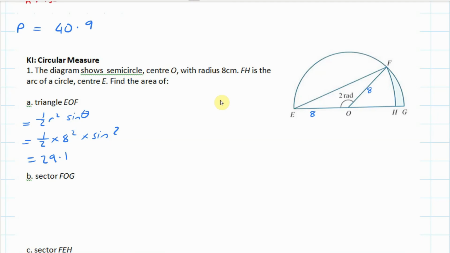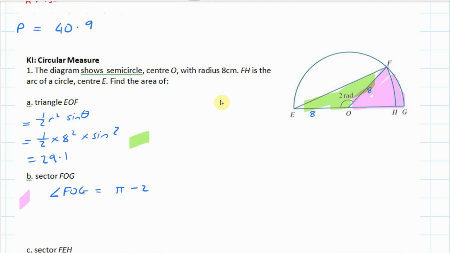Just in case I want to use it later on. Now looking at FOG, F-O-G, so I want to find the area of this sector here. This bit here. So I've done this bit there. That was this. Now we're doing this one here. Okay, so the angle FOG is going to be pi minus 2, because angles on a straight line add to pi, and we know that the other part is 2 radians.